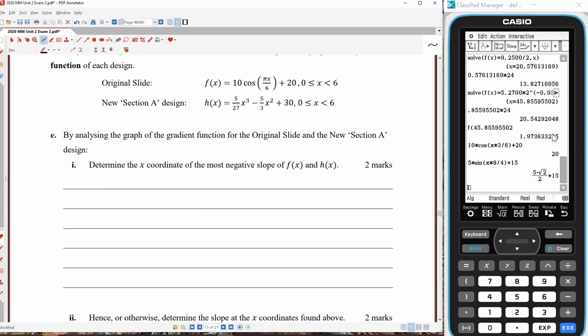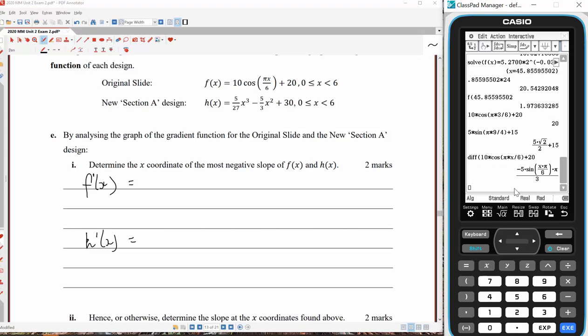Okay, so the way we're going to do this, there's probably two methods to do it. So let's note down what f of x and h of x are for each of these functions. Okay, so the way we'll do it is we'll diff that, x gives us that.